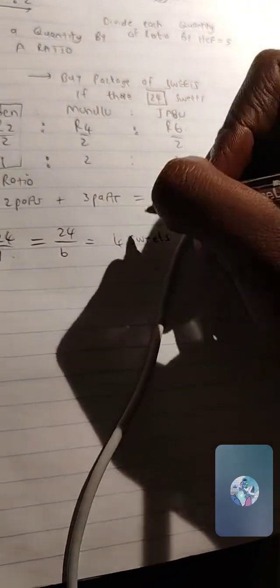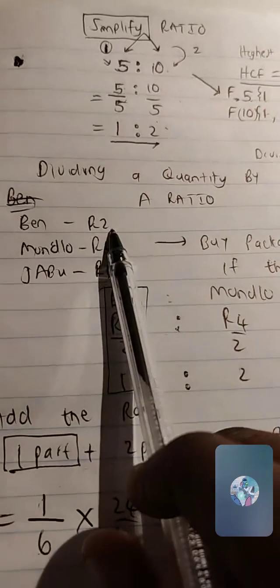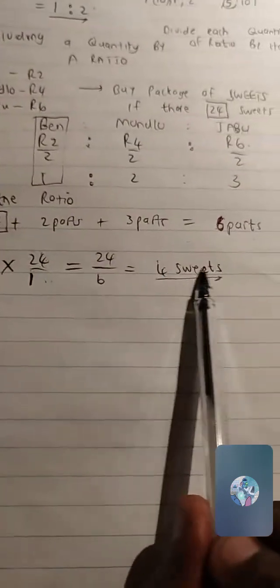So that is 4. Yes, that is 4. So we can see clearly that Ben, with his 2 rand, is going to get 4 sweets.